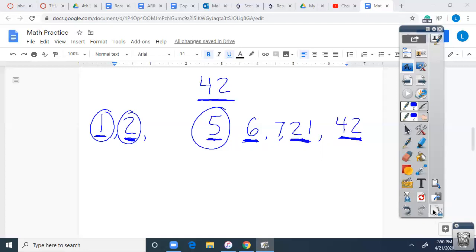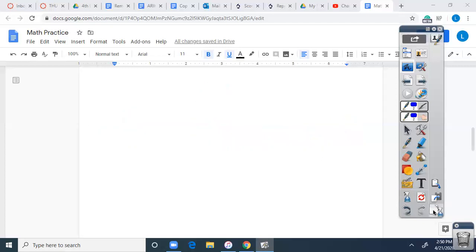Okay, the next thing that we need to talk about are percentages. Okay, if I said I need you to find 50% of 10. Okay, let's say I have 10 tacos and I'm going to eat 50% of them. 50% of 10 is 5. Biggest thing that you need to know is that 50% equals 1/2.